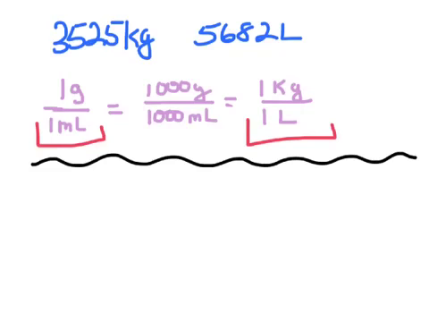So we have the density of our boat, which is going to be its mass over its volume, and we know that 3,525 kilograms plus some amount of cargo over its volume has got to be less than the density of water. And what's our cargo?